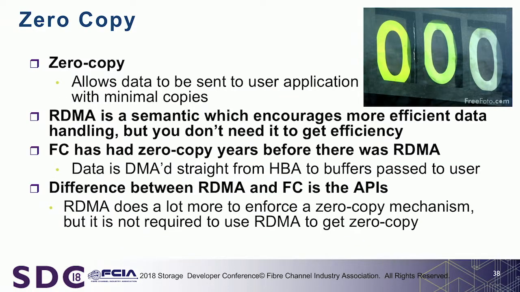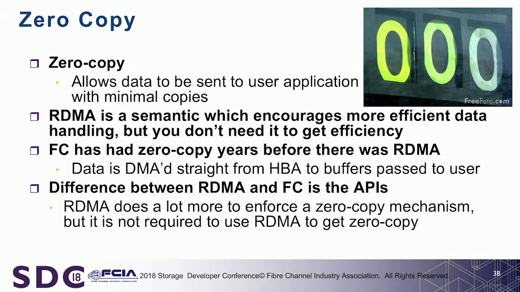One thing I'd like to mention is RDMA is all about zero copy. Zero copy allows the data to be transferred from the network device to the user application with a minimum amount of data copies in the memory, which can be expensive. RDMA is a semantic for making zero copy easier or making it more upfront and enforceable.